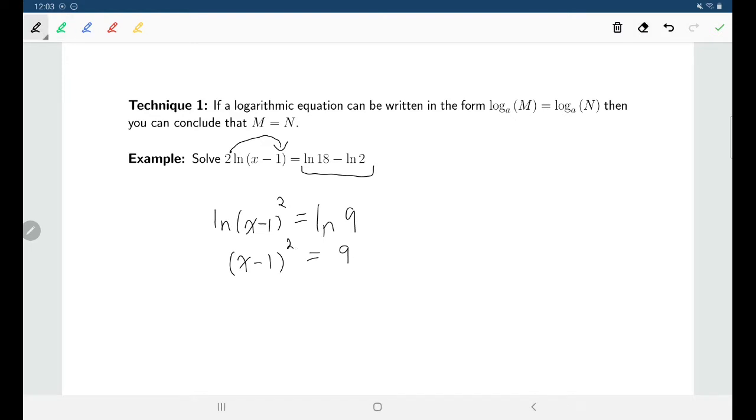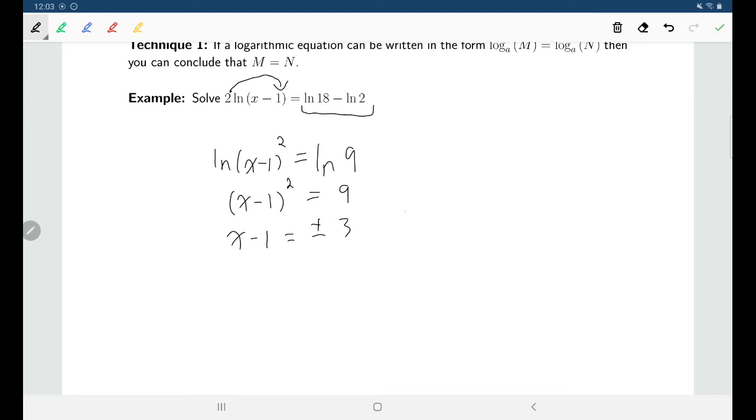And of course, if x minus 1 squared is 9, then that means x minus 1 should be plus or minus the root of 9. And the square root of 9 is 3. And so I've come up with two potential solutions here. One solution is x is equal to positive 3 plus 1, which is 4, or x is equal to negative 3 plus 1, which is negative 2.